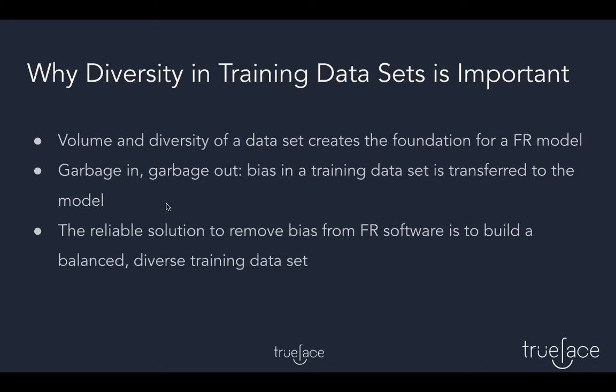If those data sets aren't sufficiently diverse, then any company using that data set may produce software with inaccuracies, inefficiencies, or biased output. And you can take that one step further: if the lion's share of facial recognition companies are using the same non-representative, biased data sets, then the lion's share of software is going to produce inaccurate, inefficient, biased outcomes. Given the obvious application dangers of a lack of diversity in training data sets, it's really important for facial recognition companies to go above and beyond to build software trained on representative and inclusive data.